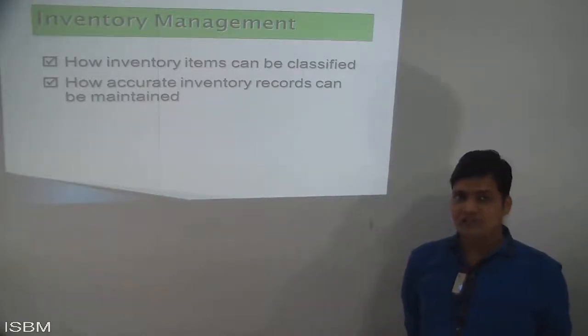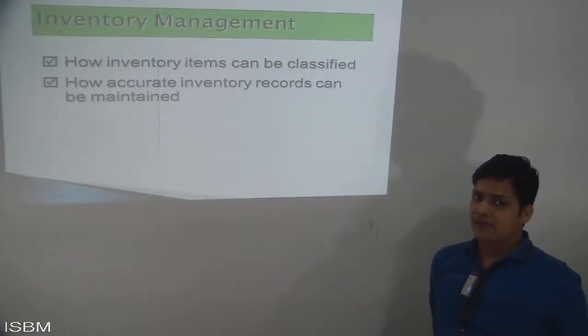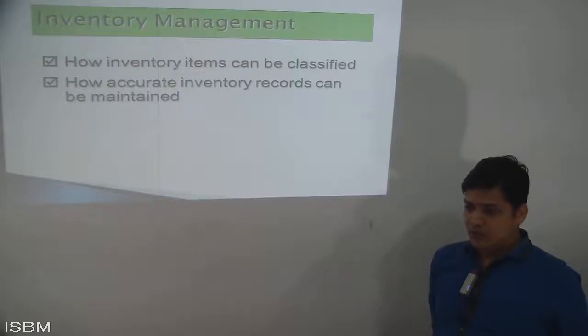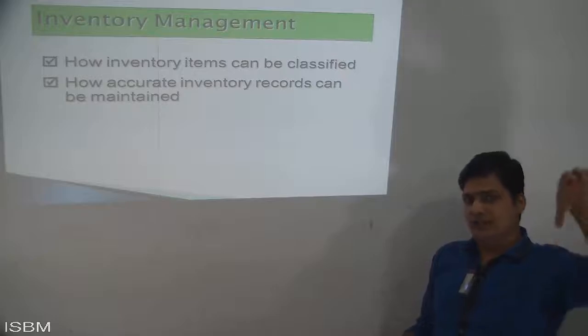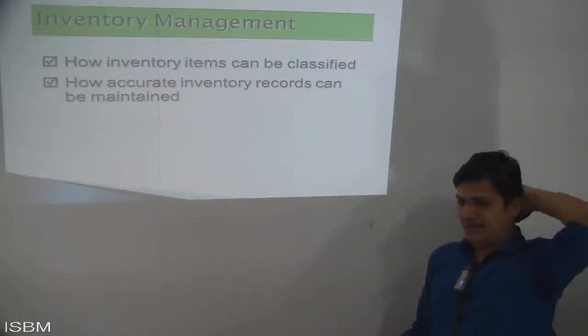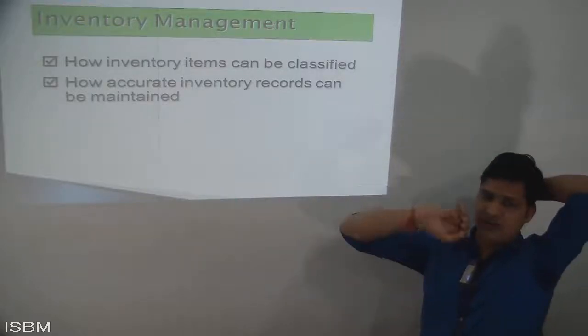To overcome this problem, a lot of software has come which takes care of inventory management. You only need to create one chart, or an Excel sheet, listing how many products you have in your inventory.